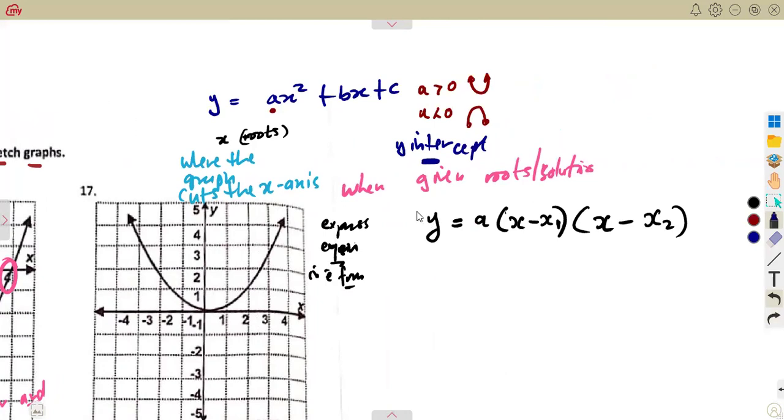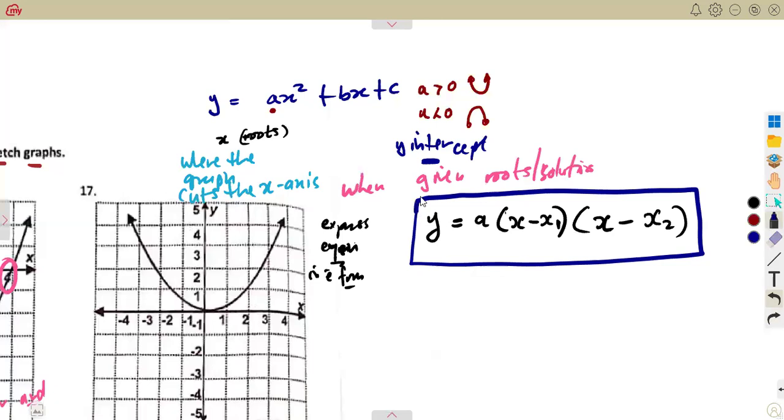So this is the format that you are going to use to determine your equation, provided that you are given the roots.